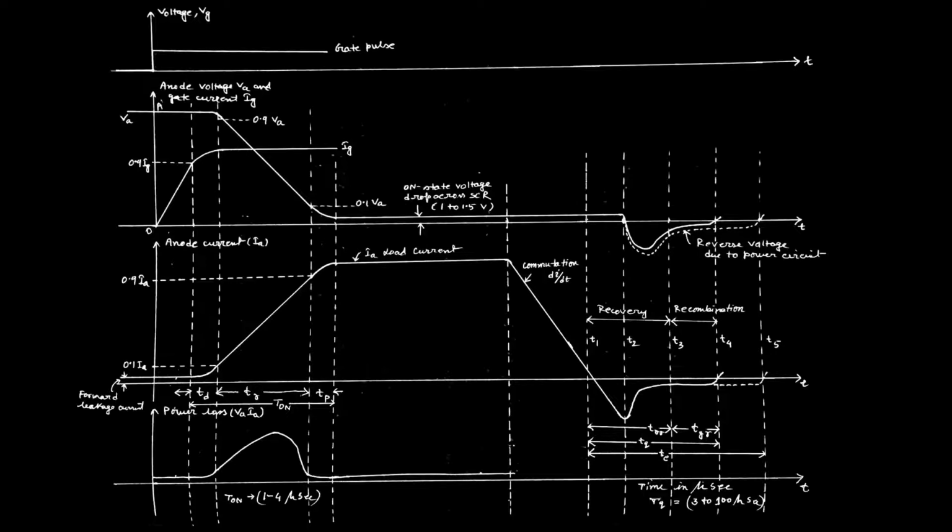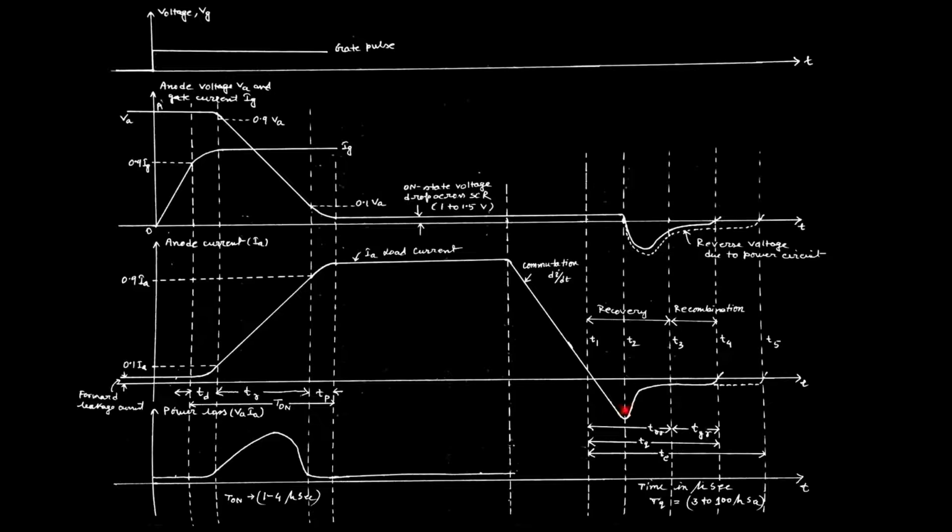And TP, the spread time, is when the anode current has entirely spread over the total cross-sectional area of the cathode. So this is called the total time duration during turn on, defined by T on.